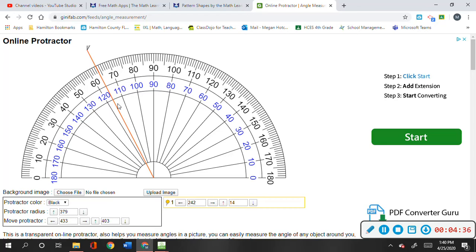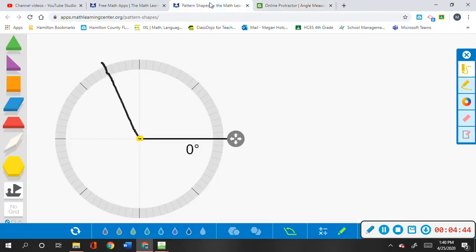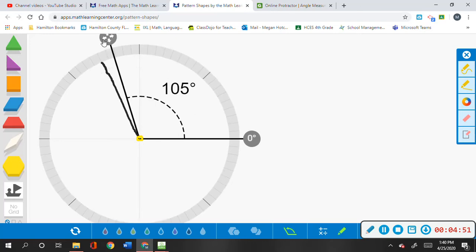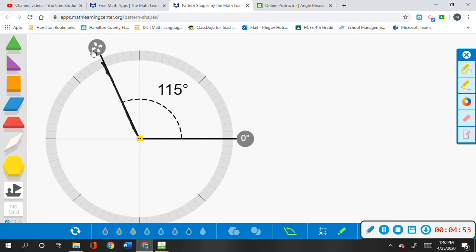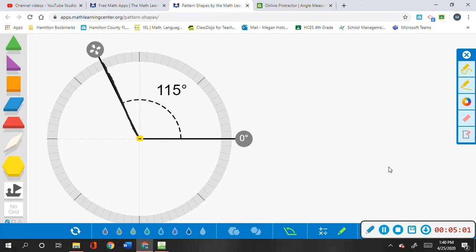It says, keeping the protractor center point on the end point of your ray, draw a point on your ray at 0 degrees. So we have our angle. It's about 116 degrees right here. It's going to say 115 because this protractor doesn't read by singles, it counts by 5.